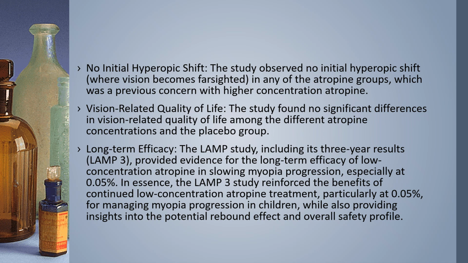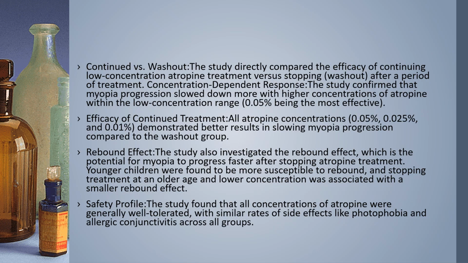This phase 3, the 3-year results, did provide evidence for the long-term efficacy of low concentration atropine, and they did find that constant or continued usage of low concentration atropine 0.05% did help the patient in reducing the overall progression of myopia.